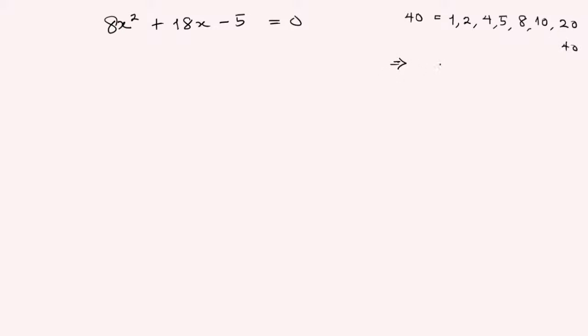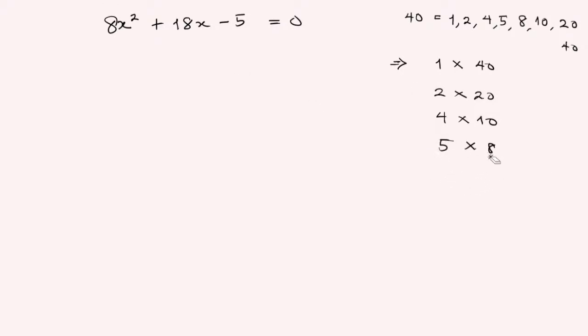So the factors can be combined such that 1 multiplied by 40 gives us 40. 2 multiplied by 20 gives us 40. 4 times 10. 5 times 8. What else? 20 times 2. We already have that.